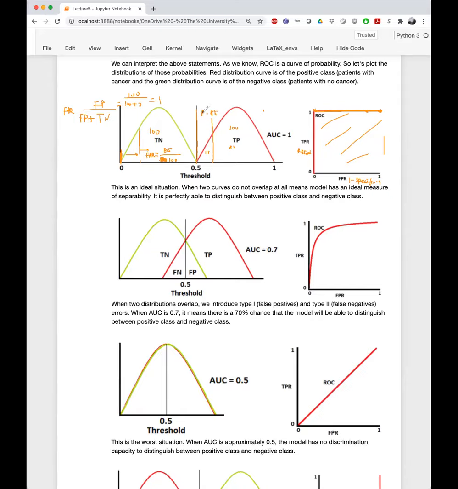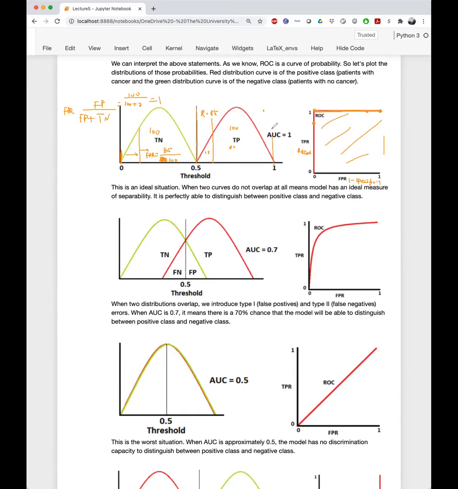That's for recall. And what's the false positive rate? There's no false positive case. All the negative cases are classified as negative. So it's still 0. So now we have a point, 0.85, that's here. Then we move it all the way, so the point will go down.